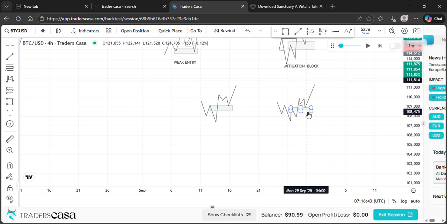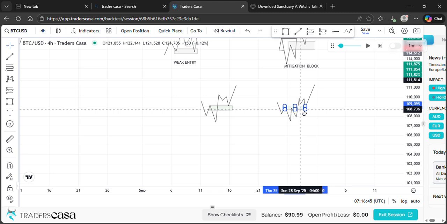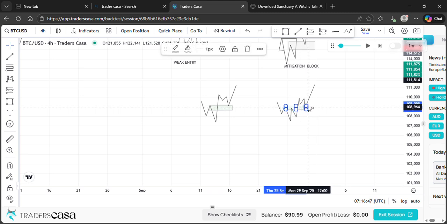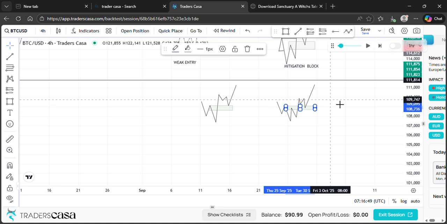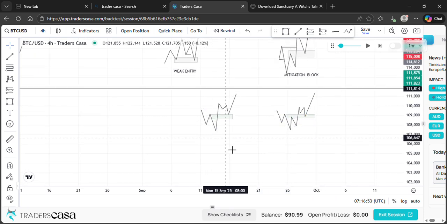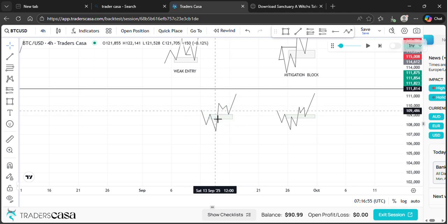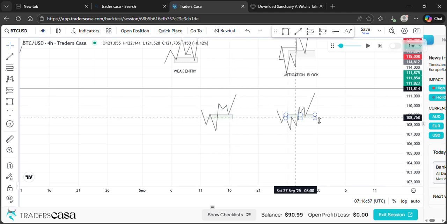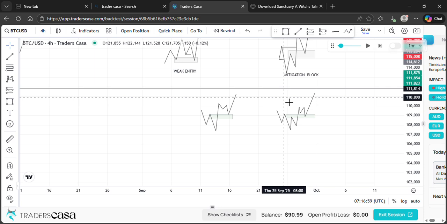Or probably let's just take this point. Okay. So this is the mitigation block. This is an order block. Sorry, this is a breaker block. This is the mitigation block. If you can spot the difference, you can reply in the comment section.